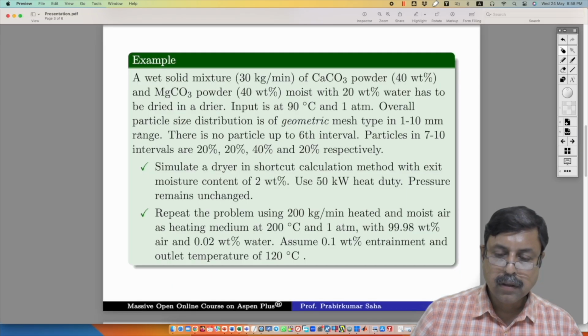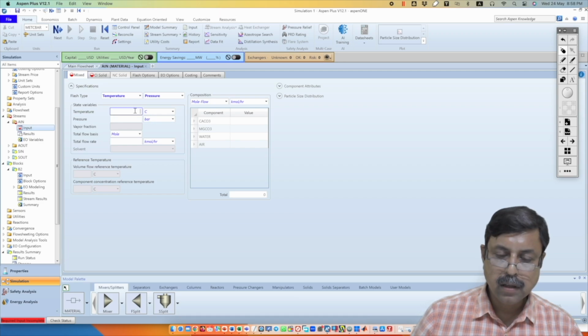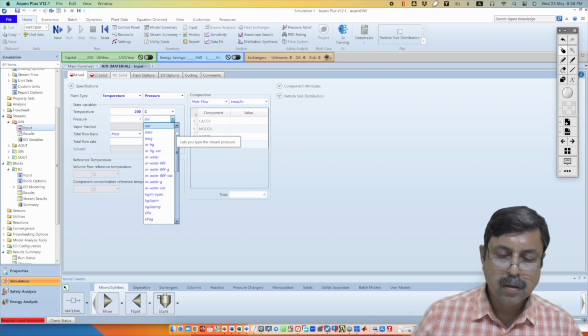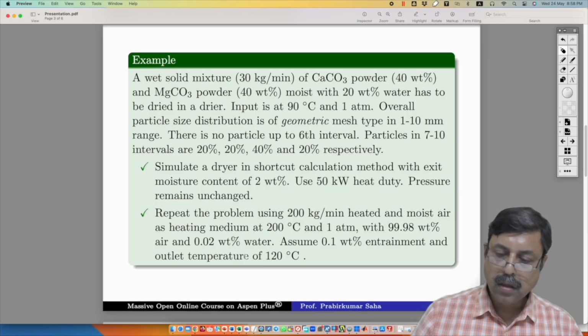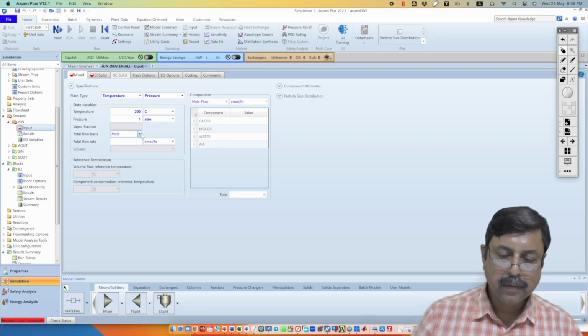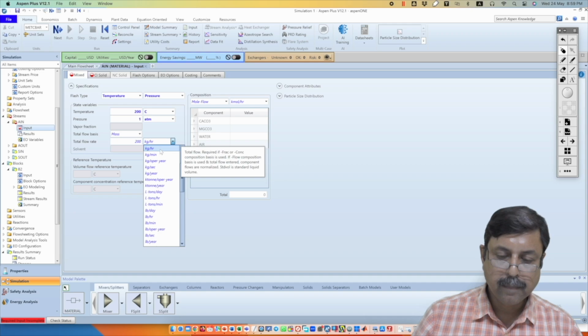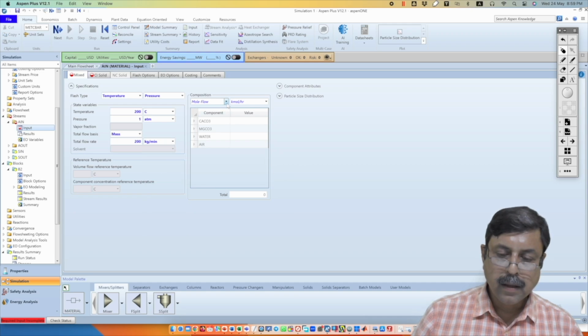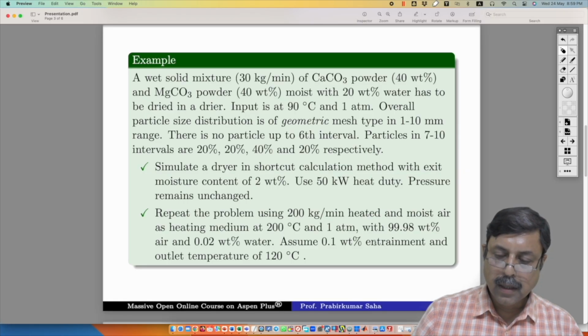Let us check the condition: 200 degrees centigrade, 1 atmosphere, 200 kg per minute, 99.98% air and 0.02% of water.